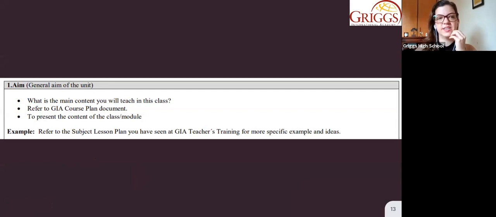So let's suppose that I want to teach about macronutrients. I could write the goal of the class to introduce macronutrients to the students and have them understand, or let's say, to have students understand the different macronutrients, their role in the body, and food sources where they come from, for example.